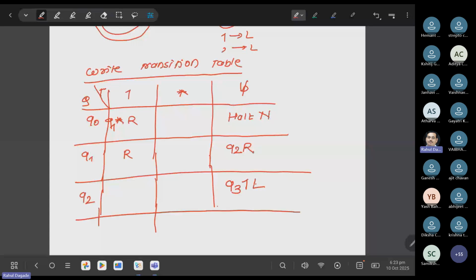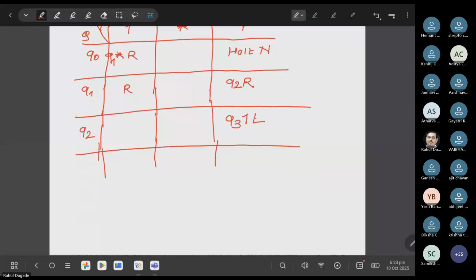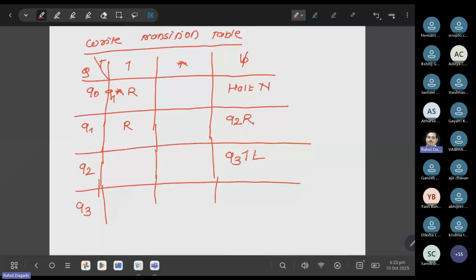And what is Q3 state doing? Q3 state is rewinding the pointer. If it gets 1, moving to the left. If it gets blank, moving to the left, and when it gets star, again it is coming to Q0 state. So now you tell me, can we get star in Q0 state? Can we get star in Q1 state?